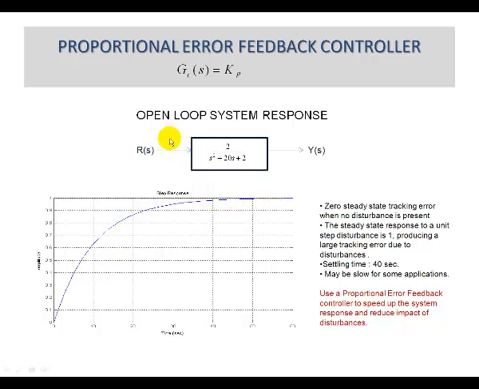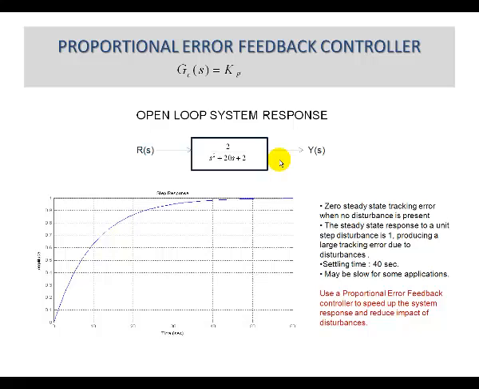So if you have a unit disturbance step, the output will be an extra 1 unit, and therefore we'll have a significant tracking error because of that disturbance.